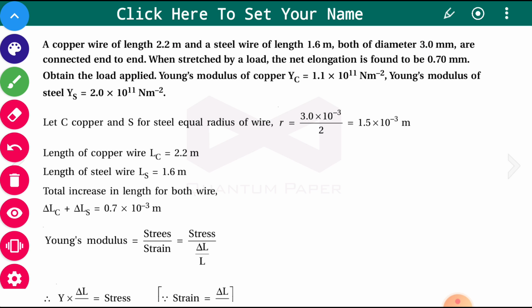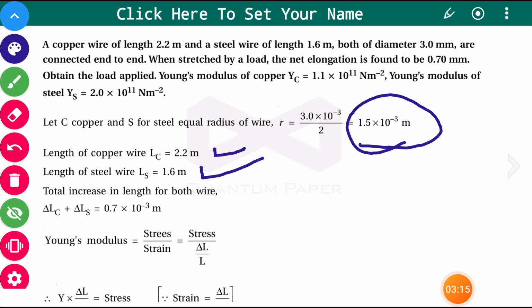Now, the radius is given, that is 1.5 into 10 raised to minus 3 meter. Why? Because the diameter is 3 millimeter. Now, length of copper wire we write LC as 2.2 meter, length of steel wire as LS, that is 1.6 meter.